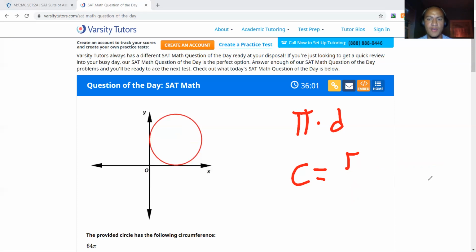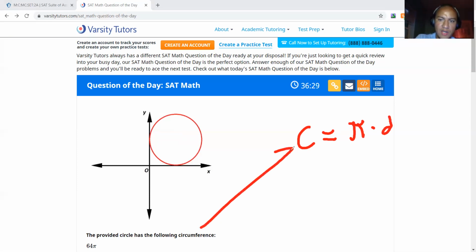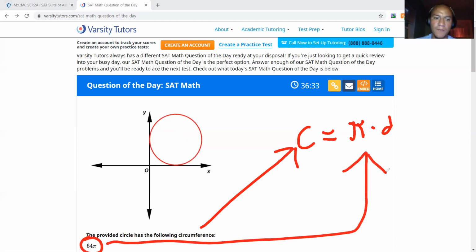That means that if the circumference is 64 pi, the diameter is 64, because of the formula I just explained: circumference equals pi times diameter. You just have to basically make this number look like that one.